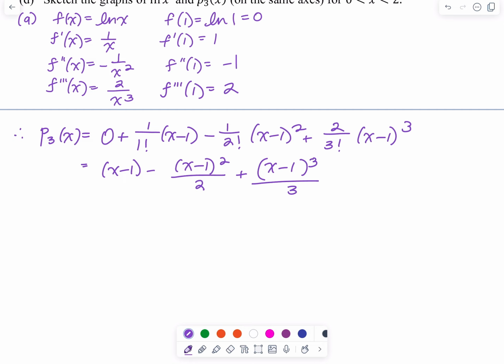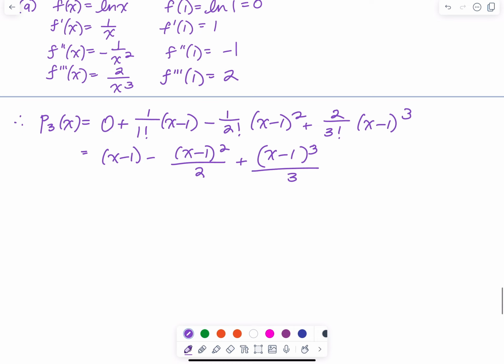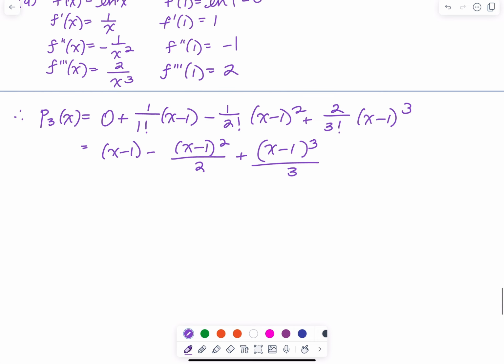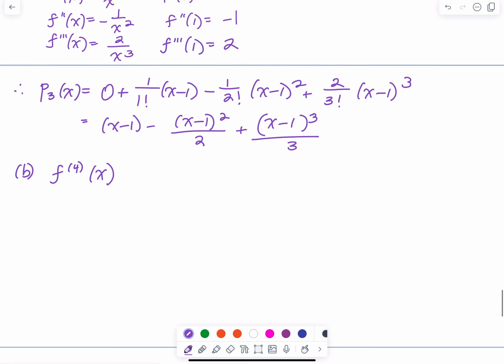Okay, so now we're going to apply the error formula. But first we're going to go ahead and compute the next term. So we're going to find the fourth derivative. And that will be the derivative of the third derivative, of course.